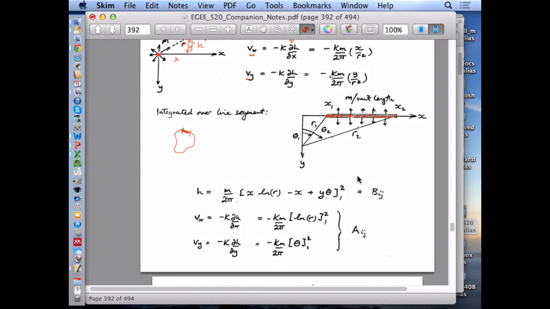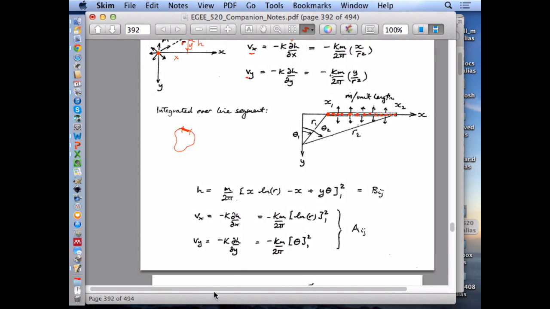I won't do the integration, but the result is that it tells you exactly what the magnitude of the head, and also the velocities in the x direction. I guess if this is y, this would be the velocity in the y direction in this coordinate system, and the pressure, no, heads at this particular location.